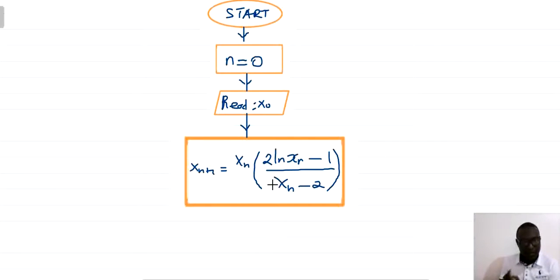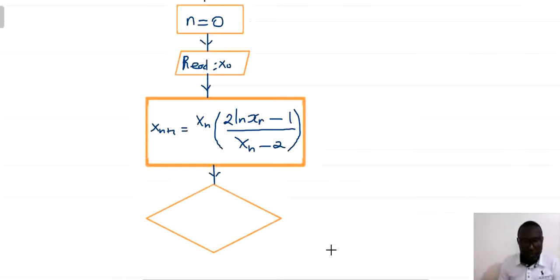Now, having computed x1 and we shall be reading x naught, that means before we continue, we have to calculate the error. So I'm going to bring in my decision box because it's the error that tells us whether to continue or we stop, right? So let me bring in my decision box.